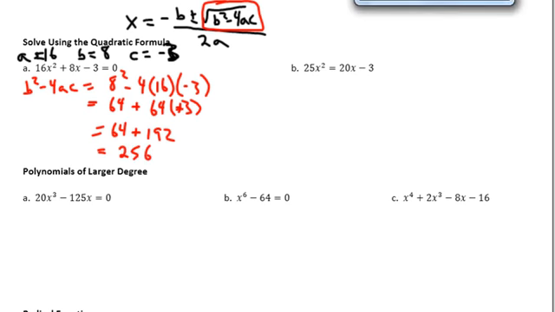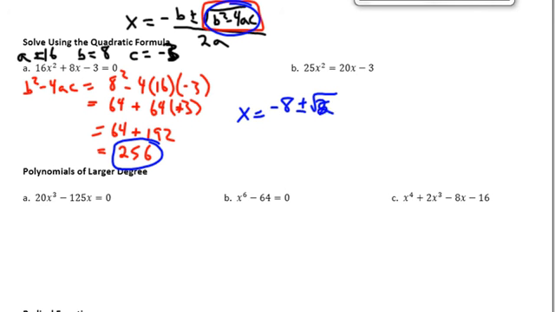Now that we have that, we can throw all of this into the rest of the equation. So I have this part goes underneath there, so I've got x equals negative b, which is negative 8, plus or minus the square root of 256, all divided by 2 times a, which is 16, 2 times 16.